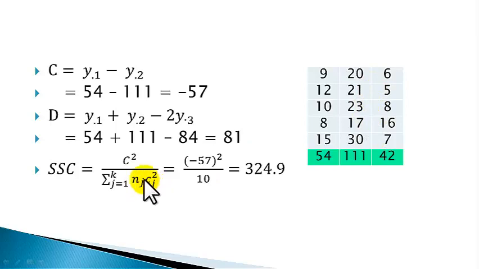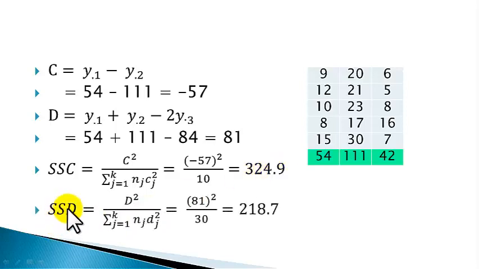C1 is 1, that's the contrast coefficient of y dot 1 is 1, C2 is minus 1, and C3 is 0. So that will give us this sum to be equal to 10. Therefore the sum of squares of contrast C is minus 57 squared all over 10, and that will give us 324.9.